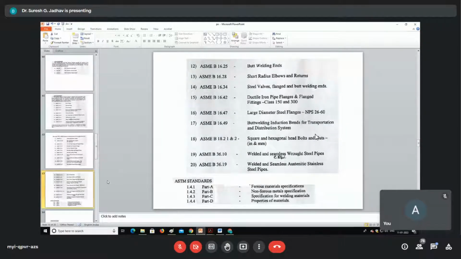That kind of requirement is needed for the selection of ASTM specifications when we are dealing with Part A, Part B, Part C, Part D. It depends on the form of materials, whether they are ferrous or non-ferrous materials, their particular specifications, mechanical strength, and corrosion properties.